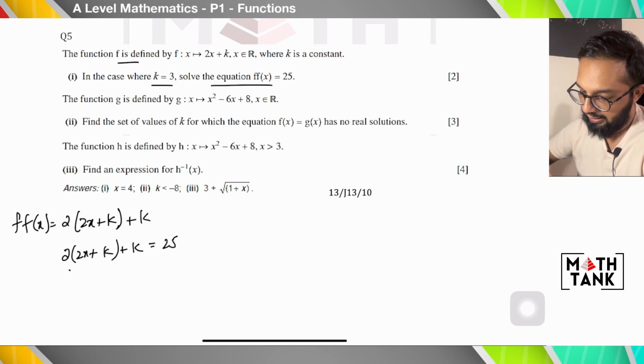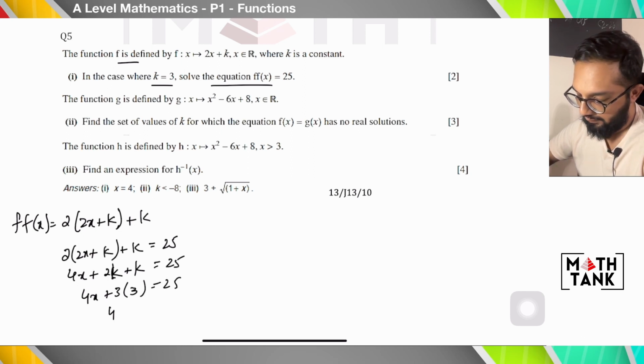I want to take k as 3, so that becomes 4x plus 2k plus k equals 25. 4x plus 3k, so 3 times 3, equals 25. 4x equals 25 minus 9, and x is therefore equal to 4.